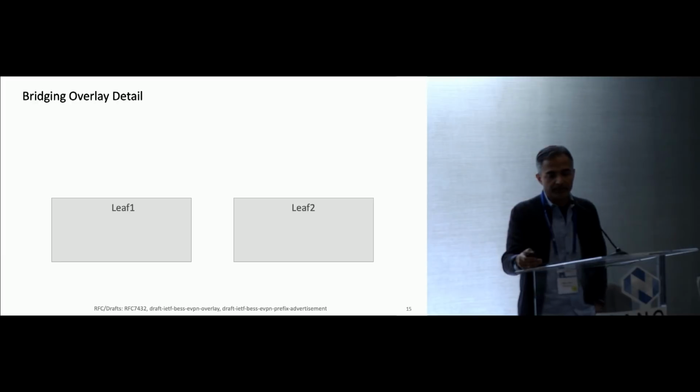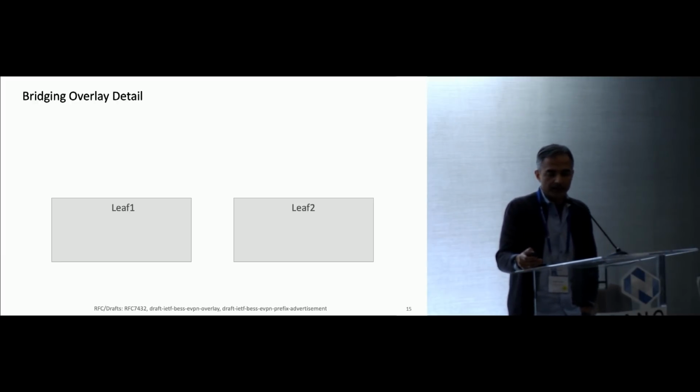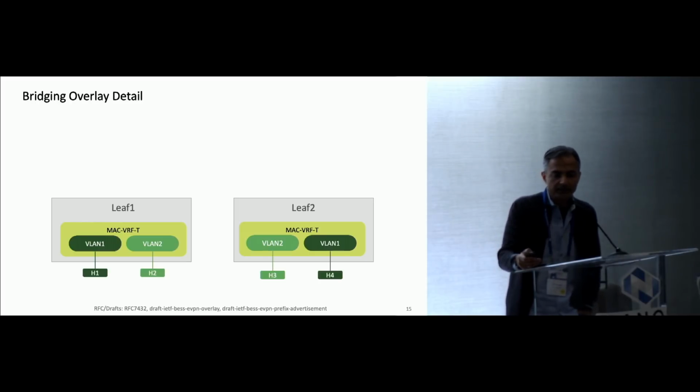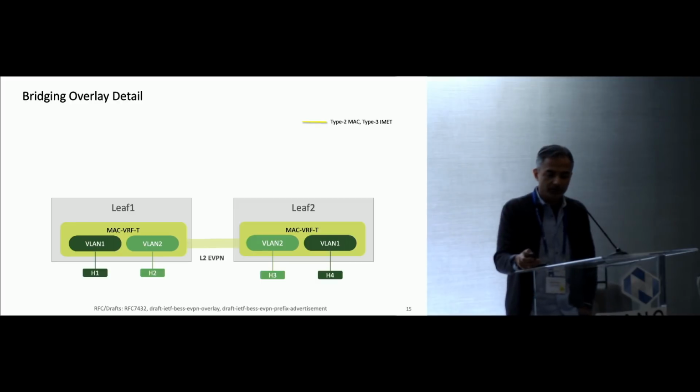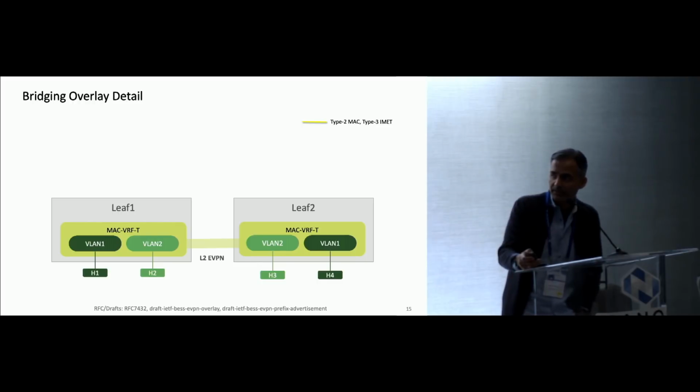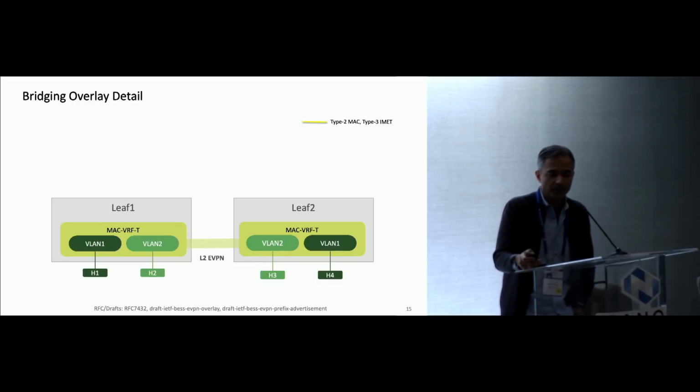Okay, a little bit of detail here. We have here leaf 1 and leaf 2. We're going to add the MAC VRF for tenant T, and add the VLANs, VLAN 1 and VLAN 2, for tenant T. We're going to set up an L2 VPN policy to exchange routes between these MAC VRFs. That policy is going to cover both VLANs, VLAN 1 and VLAN 2.